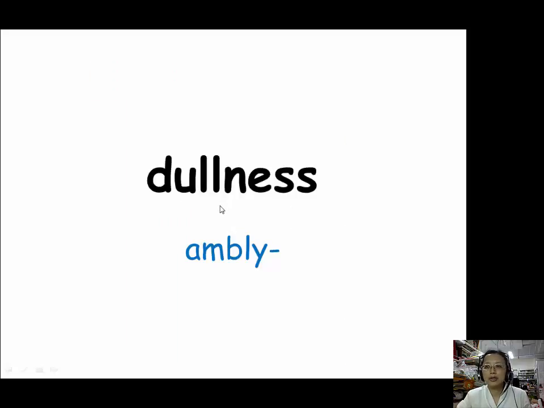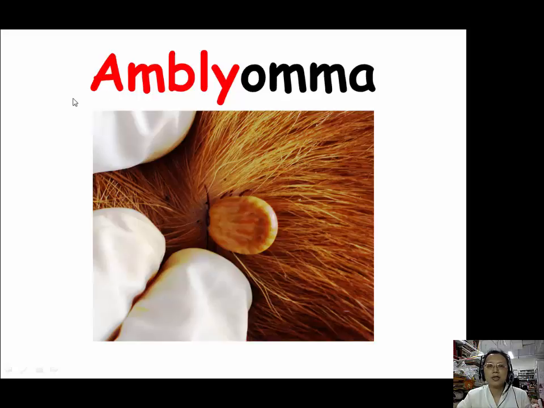And for dullness, we use this prefix ambly, A-M-B-L-Y. Our example is amblyomma. Amblyomma is a genus of ticks, as shown in this picture, some of which transmit diseases.